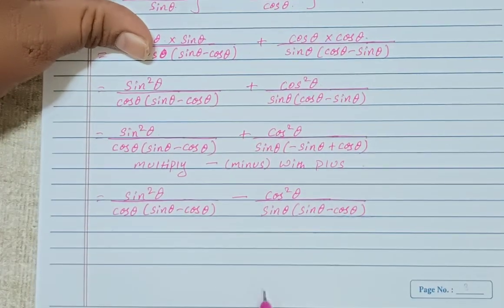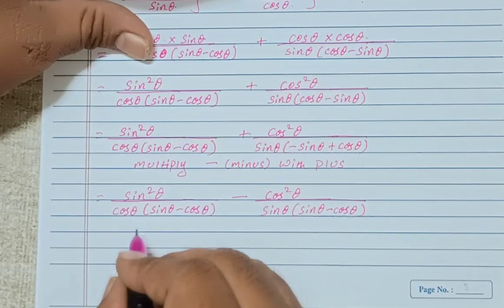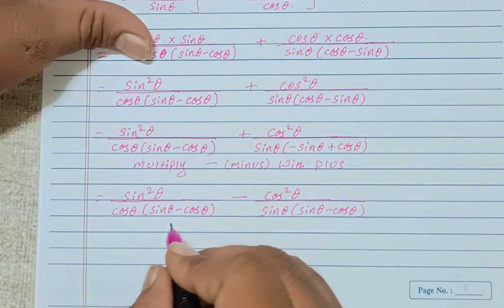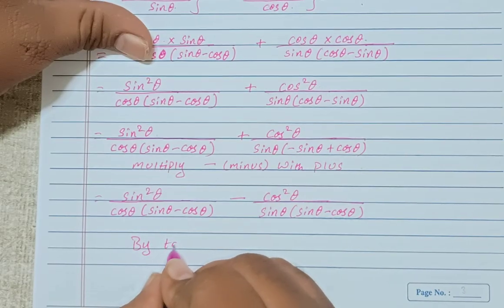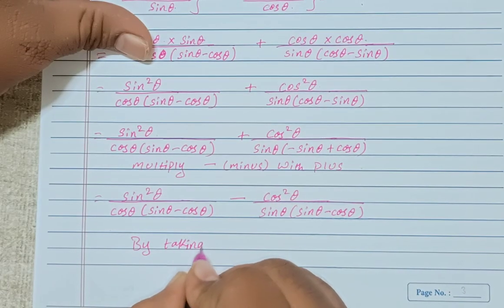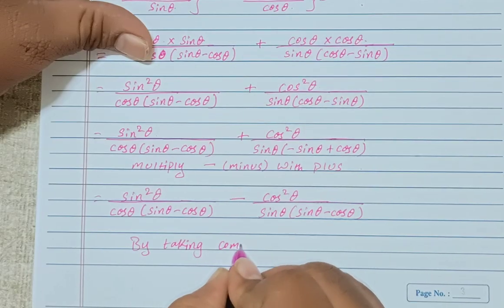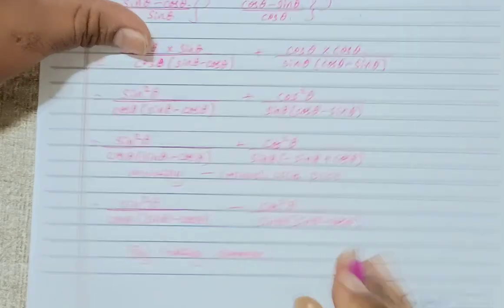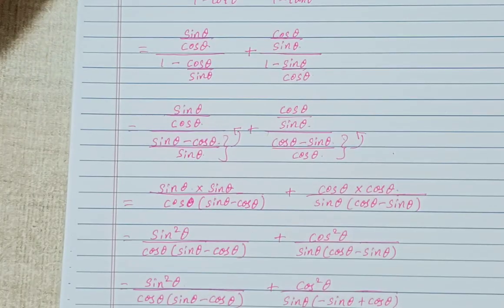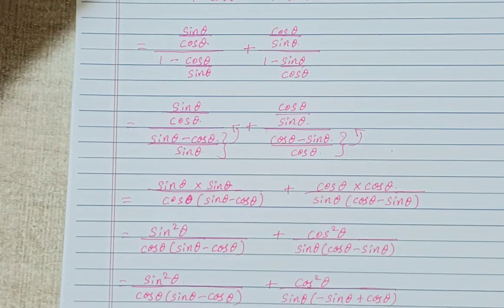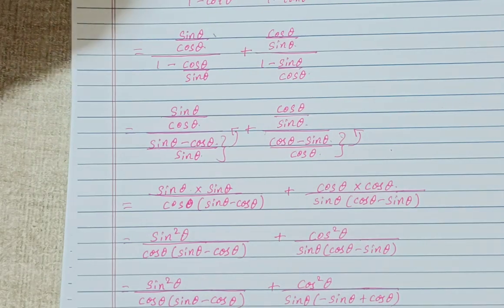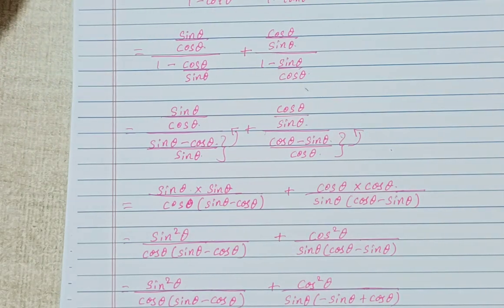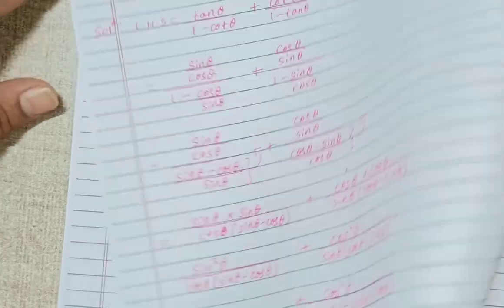Okay. Now by taking common: here we have sin theta minus cos theta and here also sin theta minus cos theta, so we take it as common.